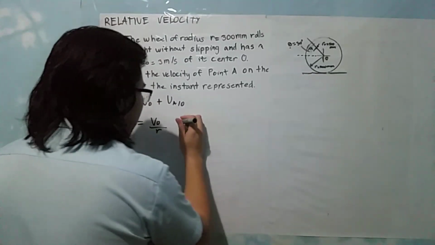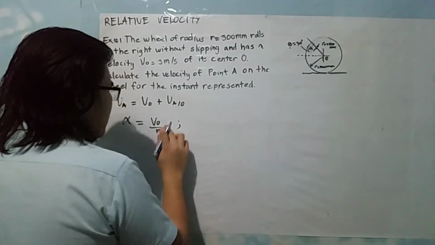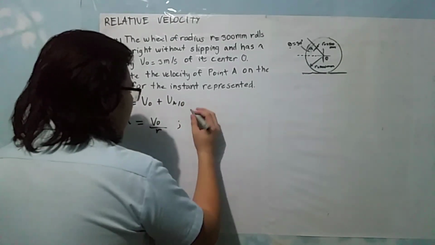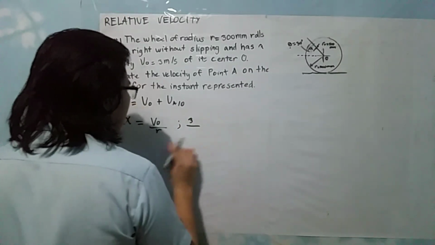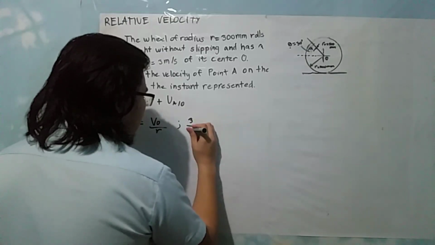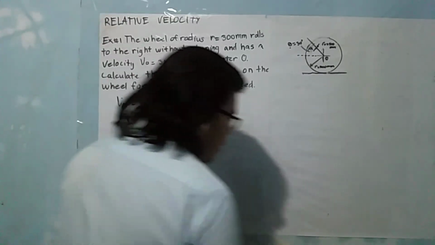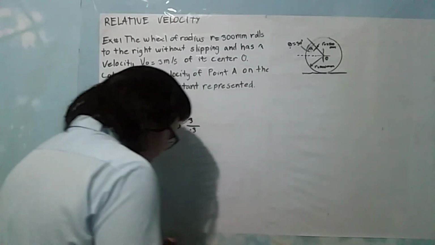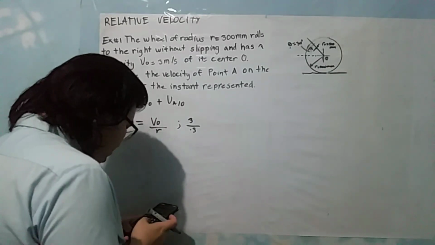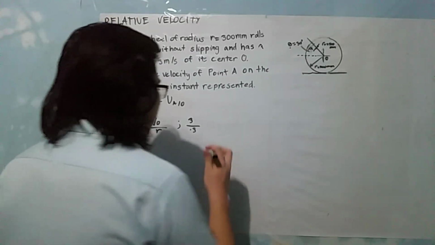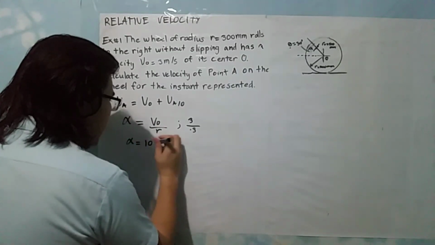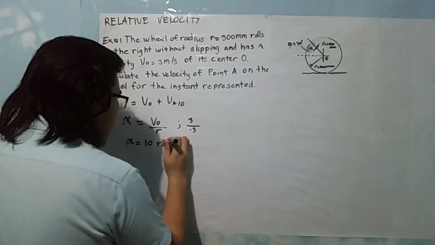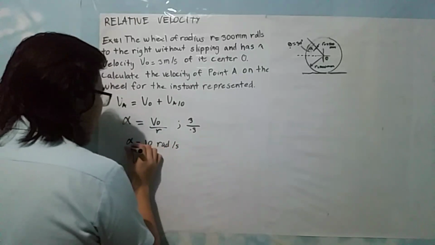So let's substitute. v sub o over r, therefore 3 over 0.3. Calculating 3 divided by 0.3, we have 10. Our angular velocity is equal to 10 radians per second.